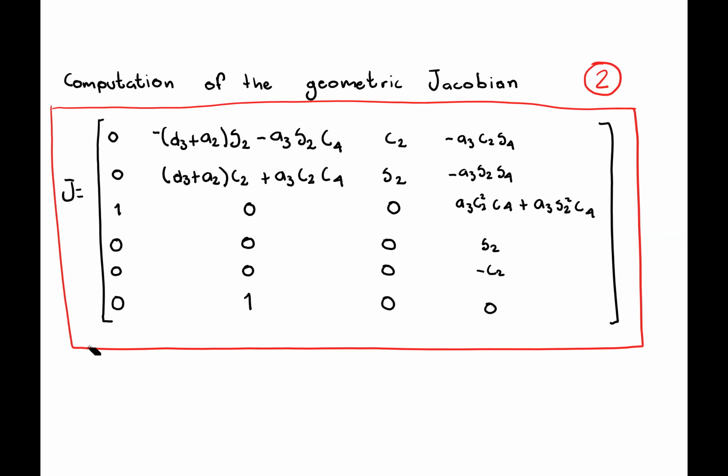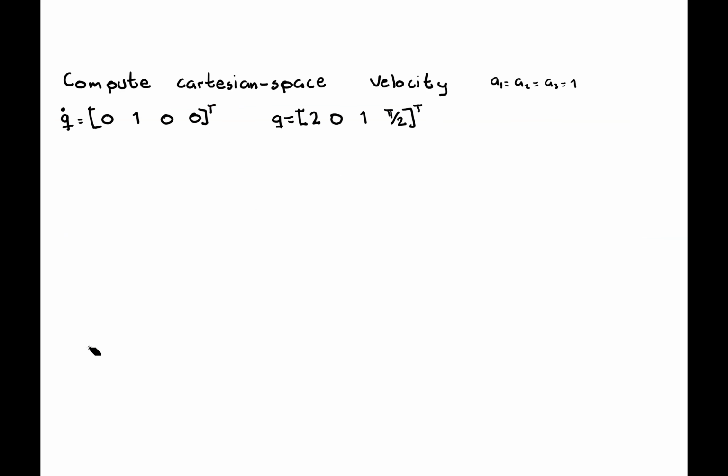So now we go to the last part of our question, which is to compute the Cartesian space velocities for an angular velocity of joint 2 of 1 radian per second at this joint configuration. Let's start by writing our vector of end effector velocities, which is equal to our Jacobian times our joint velocities.